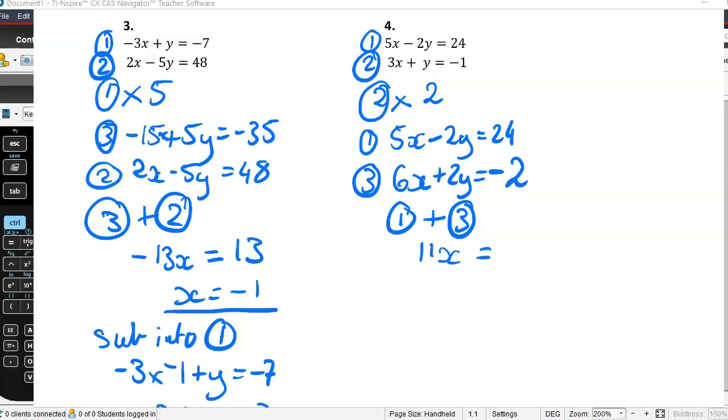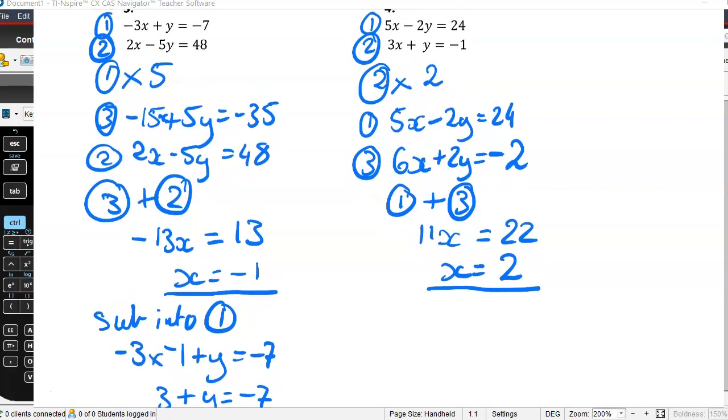Negative 2y plus 2y is 0. 24 minus 2 is 22, so 11x equals 22. 22 divided by 11 is 2, so x equals 2.